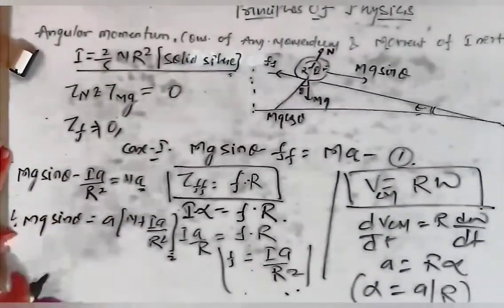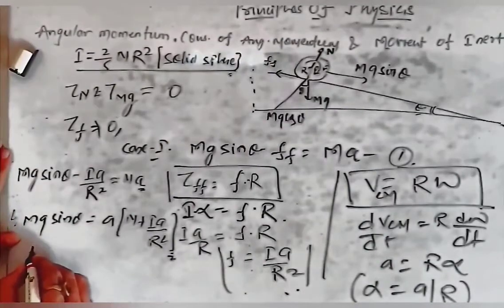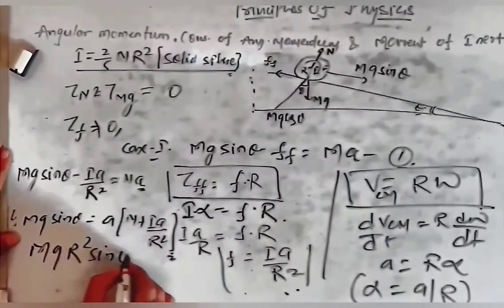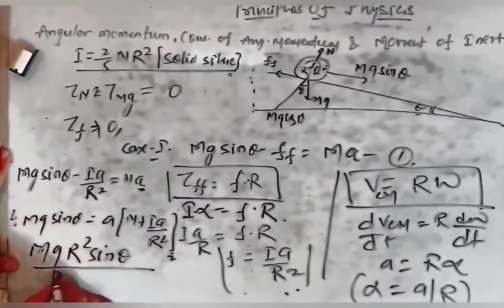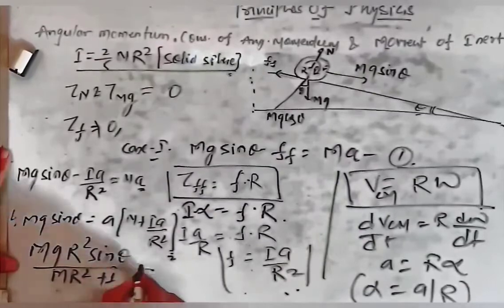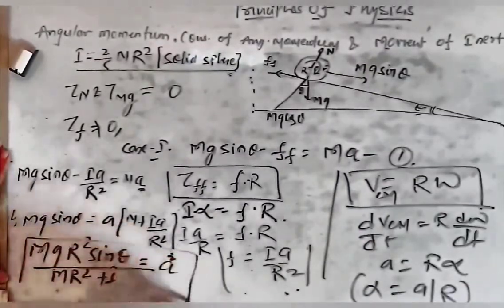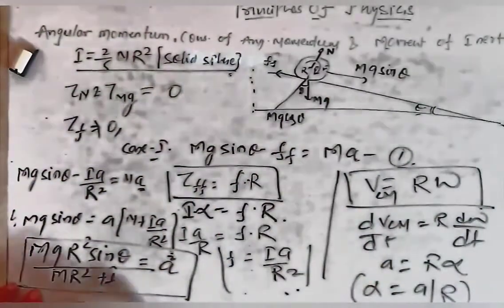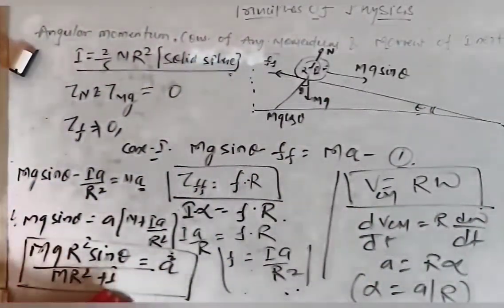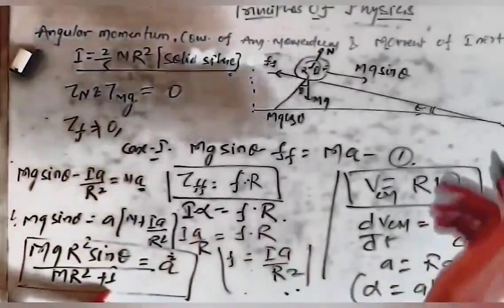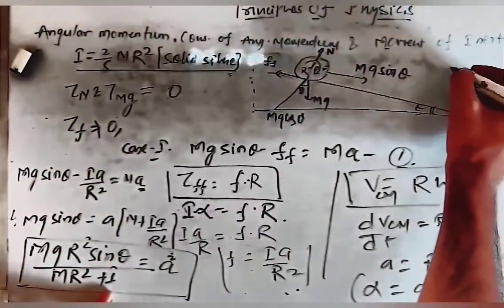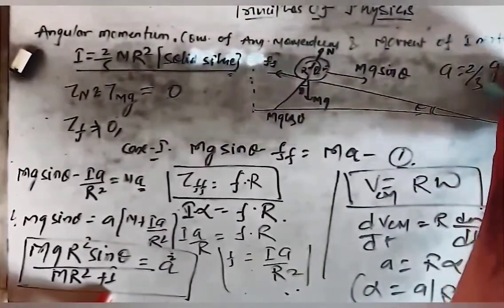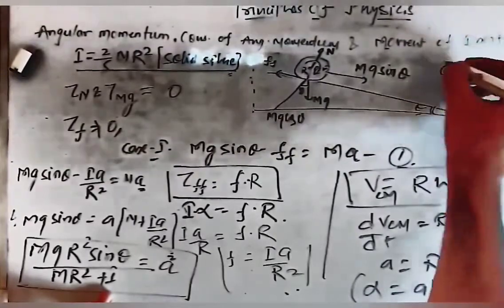And we will find that mg r square sin theta divided by m r square plus I gives the acceleration with which the body is rolling down. Now on substituting the value of I, we will find that a gives the acceleration of 2/3 g sin theta.